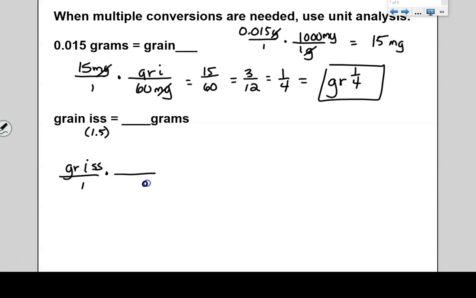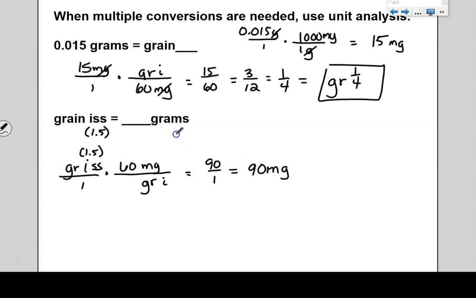I need grains to cancel, so grains go on the bottom, milligrams go on the top. Again, there's 60 milligrams per 1 grain. I'll put my grain ISS. And if it helps you, just remember that's 1.5. Well, 1.5 times 60 makes 90. And of course, 1 times 1 makes 1. So we're going to end up having 90, and the unit would be milligrams.